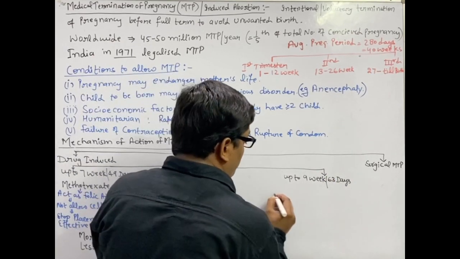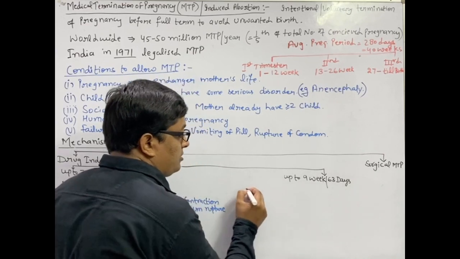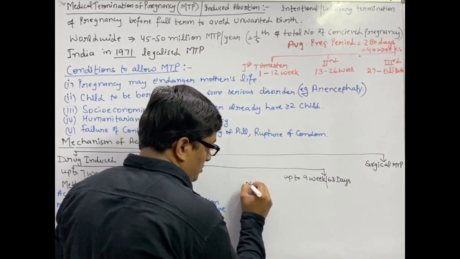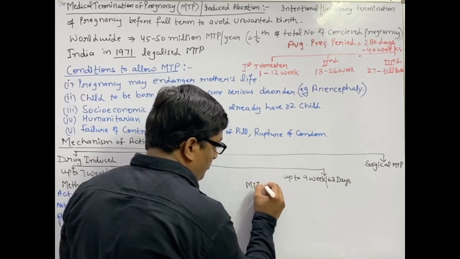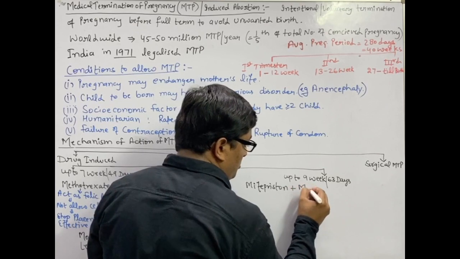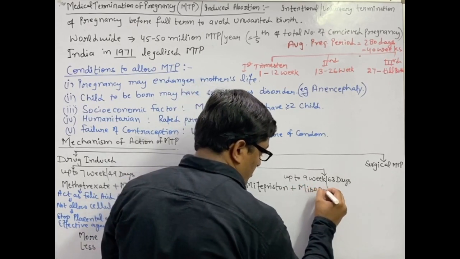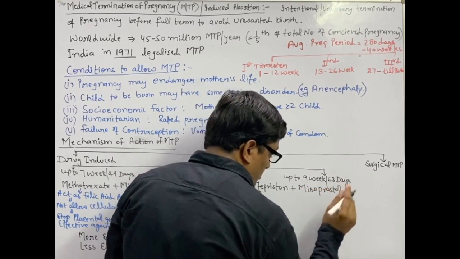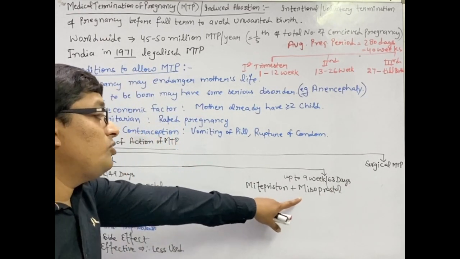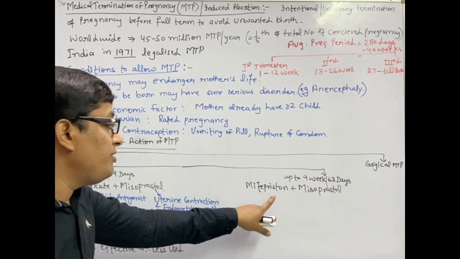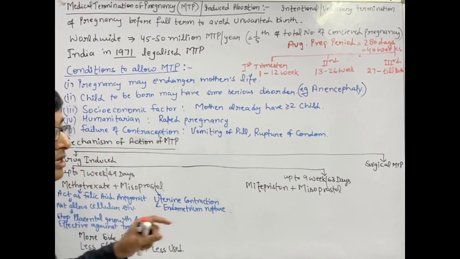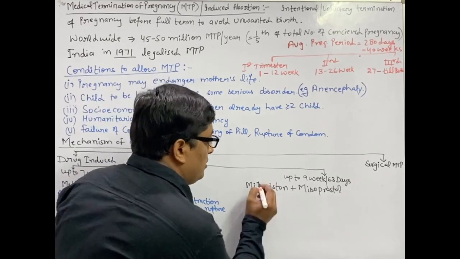It can be done by the combination of two drugs, that is mifepristone and misoprostol. This misoprostol, when given in combination with mifepristone instead of methotrexate, is more effective.